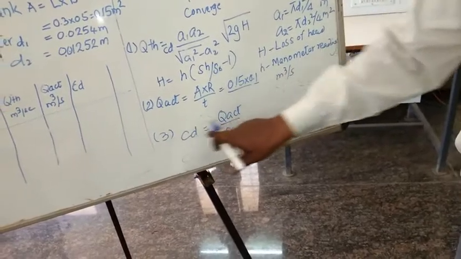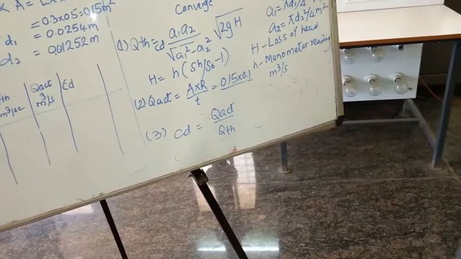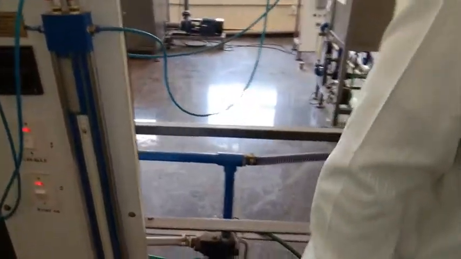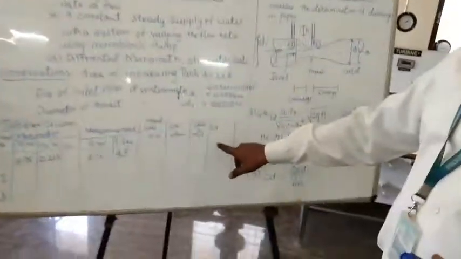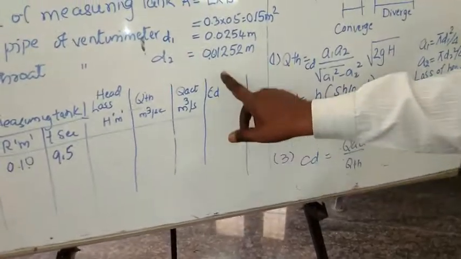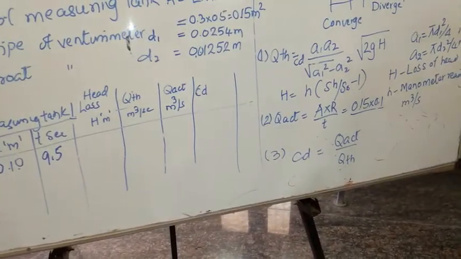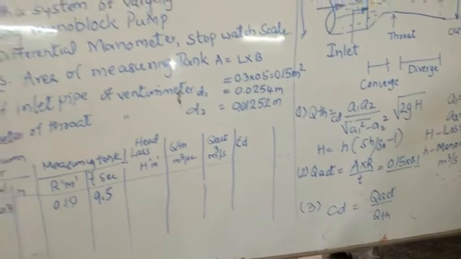Then CD equals Q actual divided by Q theoretical. By varying the flow of water, we will continue for another 2 tries, and then calculate the actual discharge and the theoretical discharge. After taking 3 readings, the average of these 3 readings gives us the coefficient of discharge for the given venturimeter.